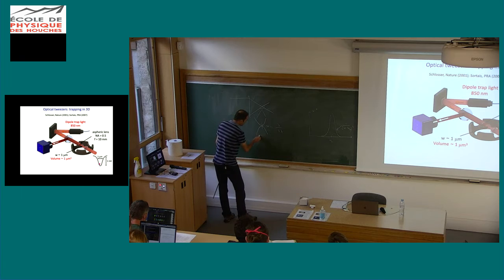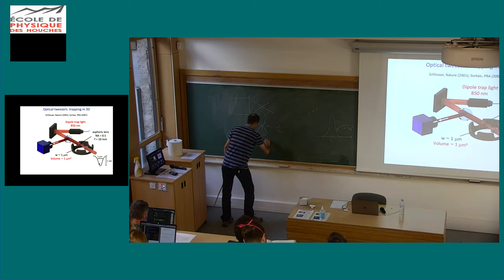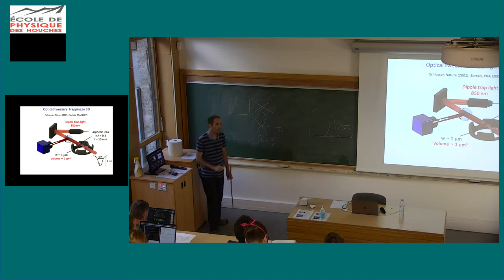Importantly, in the last direction, it's set by what is called the Rayleigh distance, which is the waist squared over lambda. So if you focus the light on a size on the order of the wavelength, using a numerical aperture close to 1, then the waist and the Rayleigh distance are of the same order, and it ensures trapping in 3 dimensions with just a single laser, without having to resort to interference.